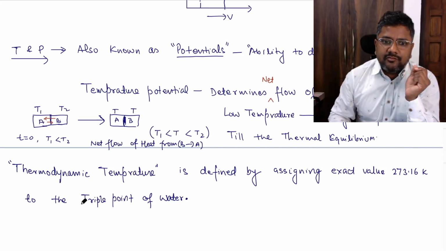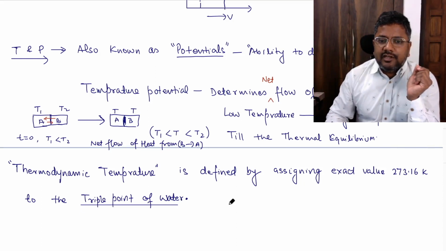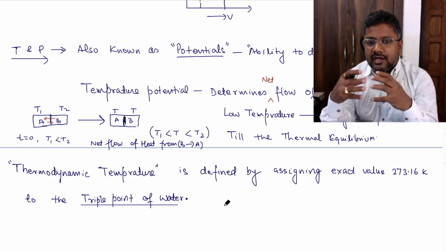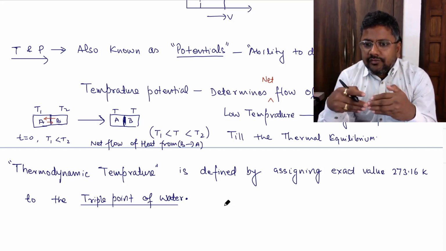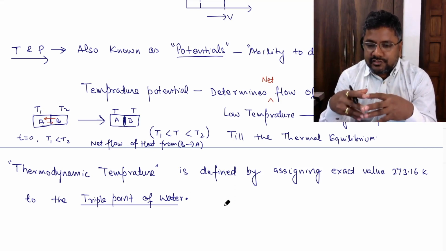What is this triple point of water? See, the triple point of water is the condition of temperature and pressure at which all three phases coexist.